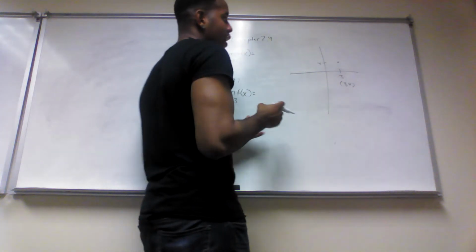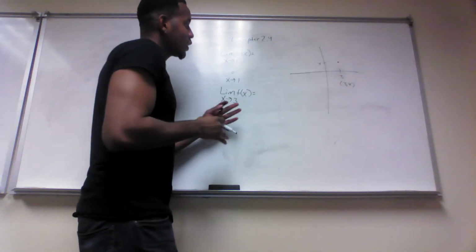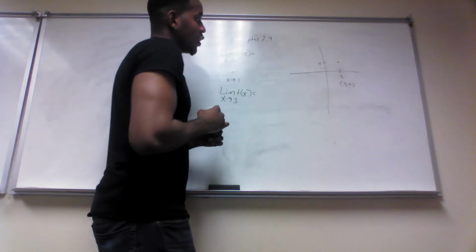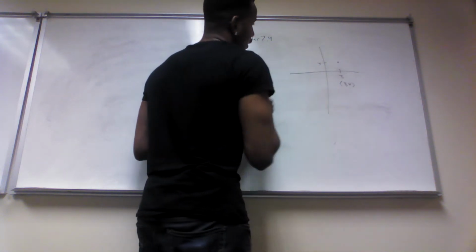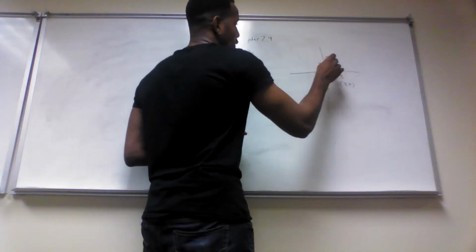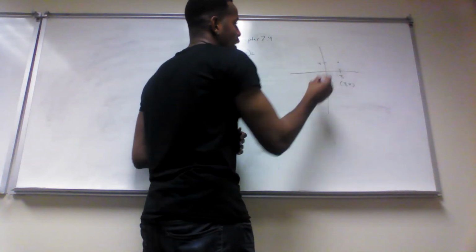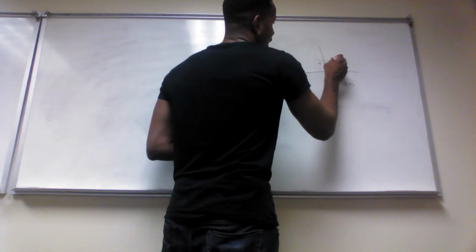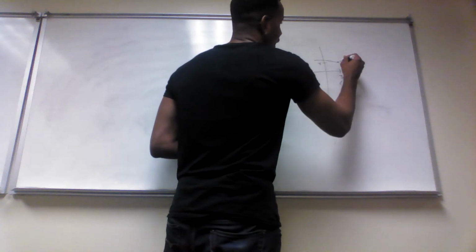To figure out exactly what the limit is for this, we would first figure out what the limit is coming from the left and coming from the right. Most of the time your graph will have lines coming from either side.